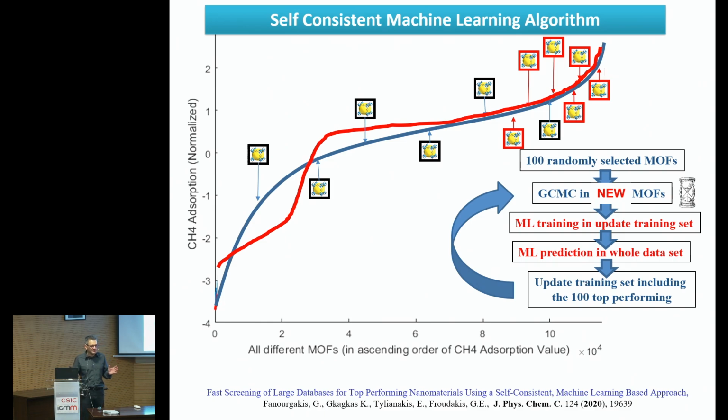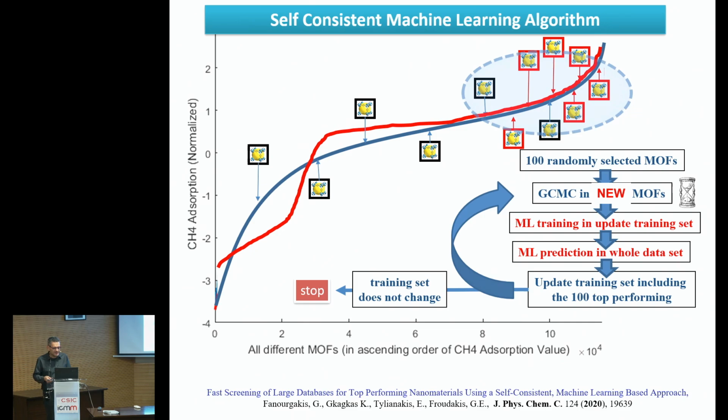So we have a consistency. The machine learning method gives the 100 top performing materials, and if we put these in the training set, they give the same result with the algorithm. And you can see that in this way we don't work in this part of the curve, but we can simulate correctly the top performing materials that were actually interesting.